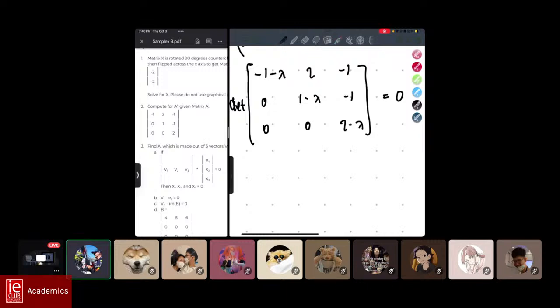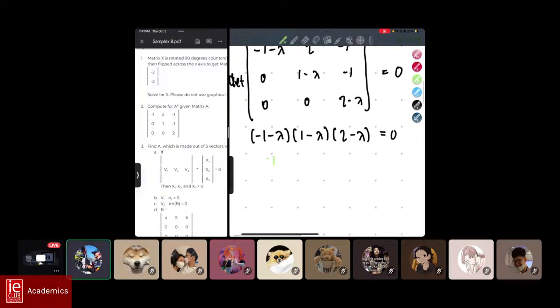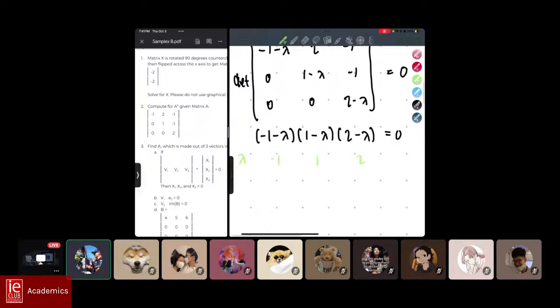So the determinant is just (negative 1 minus lambda)(1 minus lambda)(2 minus lambda) equal to 0, which will yield three values, which are negative 1, 1, and 2. These are the possible values for lambda.